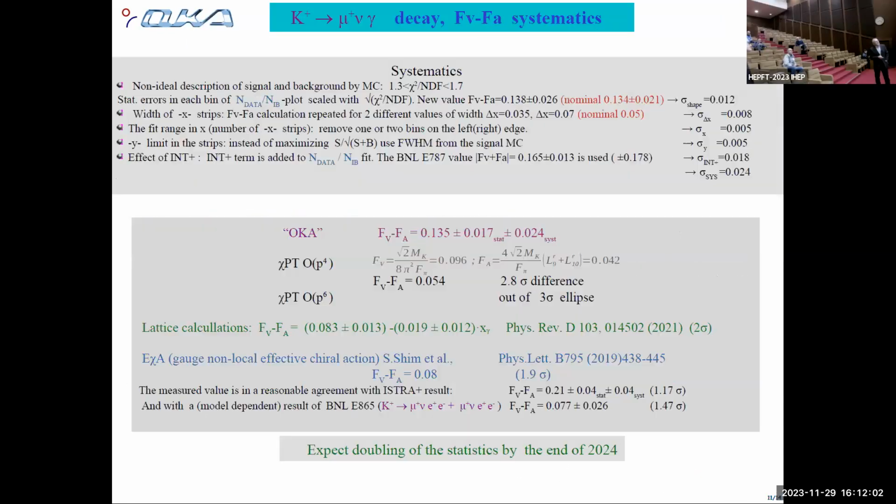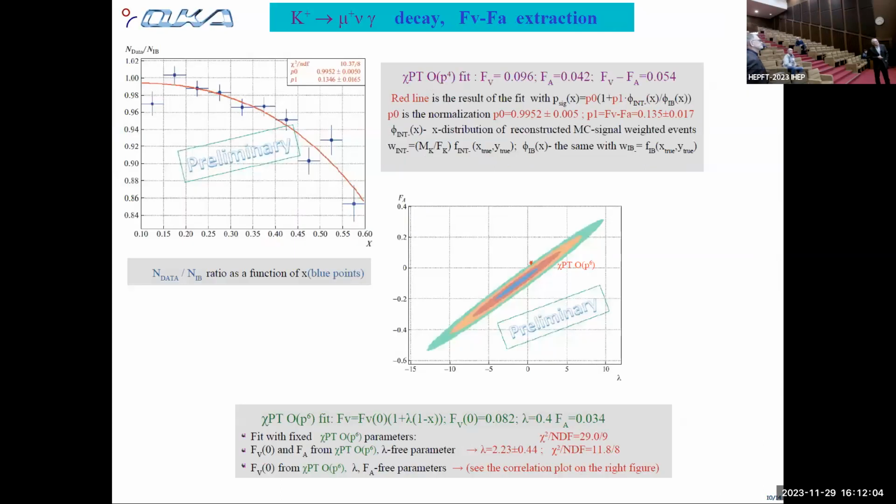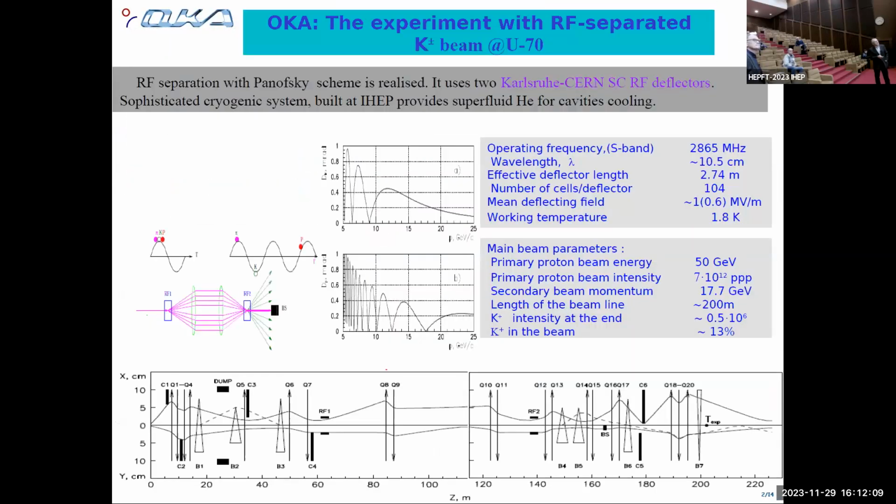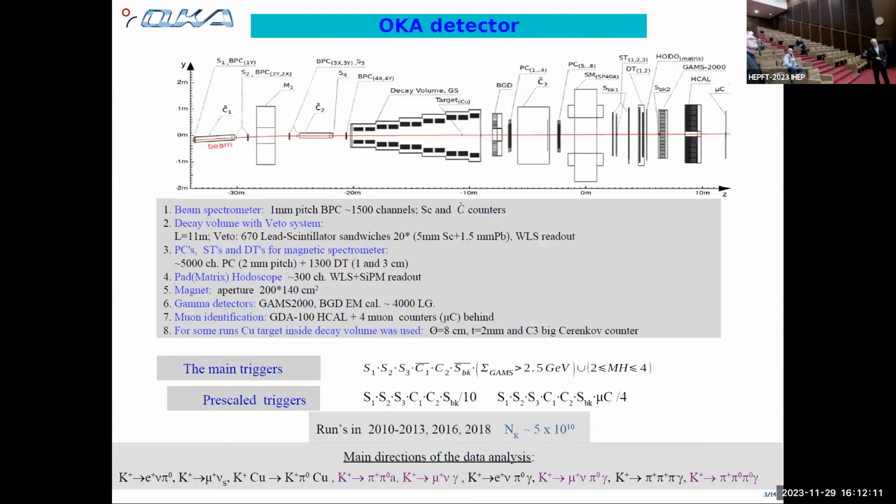Okay. I can show you, in the very beginning of the talk, I showed the main directions of our research, of our analysis, and there you can see we do have one result using a target.